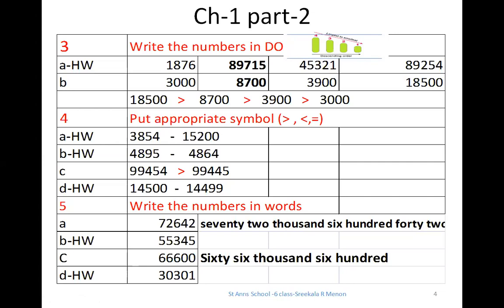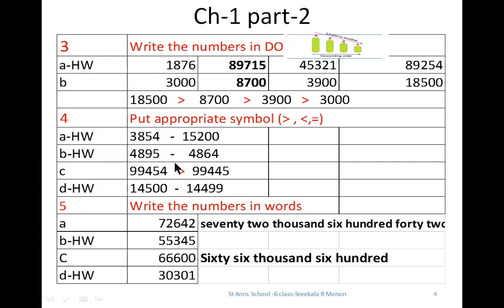99454, we can read the number as 99,454. The other number, 99,445. From this, very clearly you can understand that 99,454 is greater than 99,445.